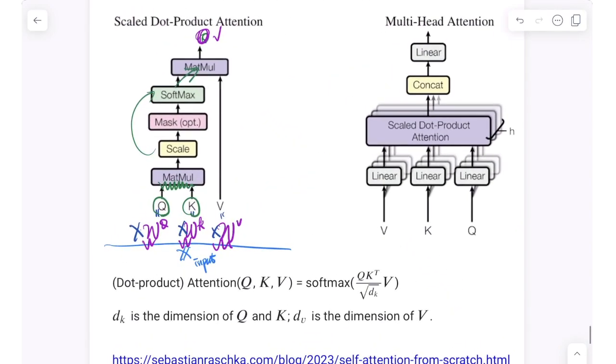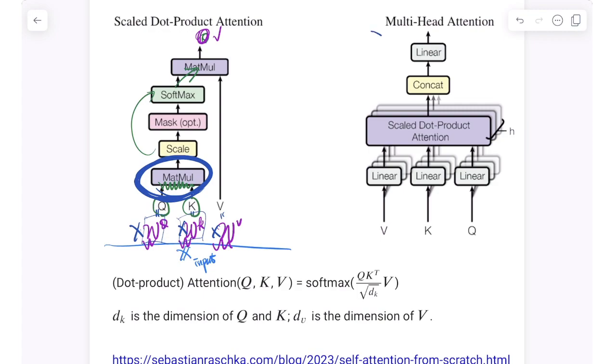Okay, so the next thing we talk about is that this dot product right here is very similar to a convolution network, trying to figure out whether Q and K are similar or not. But think about it: if we have only one set of WQ, WK, and WV, there's only one way to transform the original X to Q, K, and V, right?